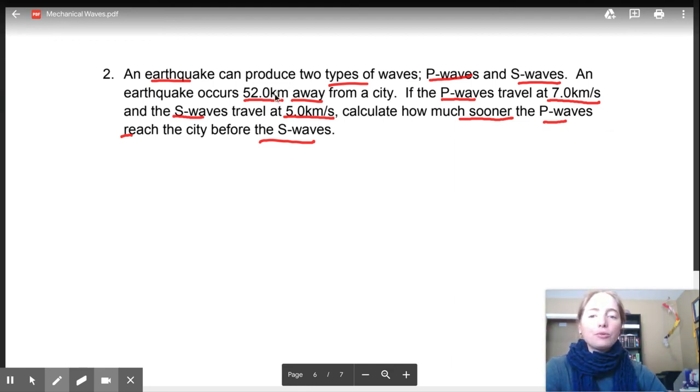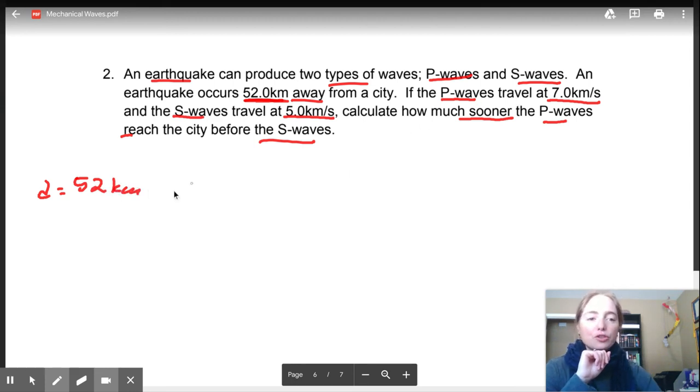So an earthquake occurs 52 kilometers away from a city. Is that distance from the source of the waves, or is that the wavelength? That's the distance. I did not say the word wavelength. So you have to read the question super carefully, okay? So this is 52 kilometers.